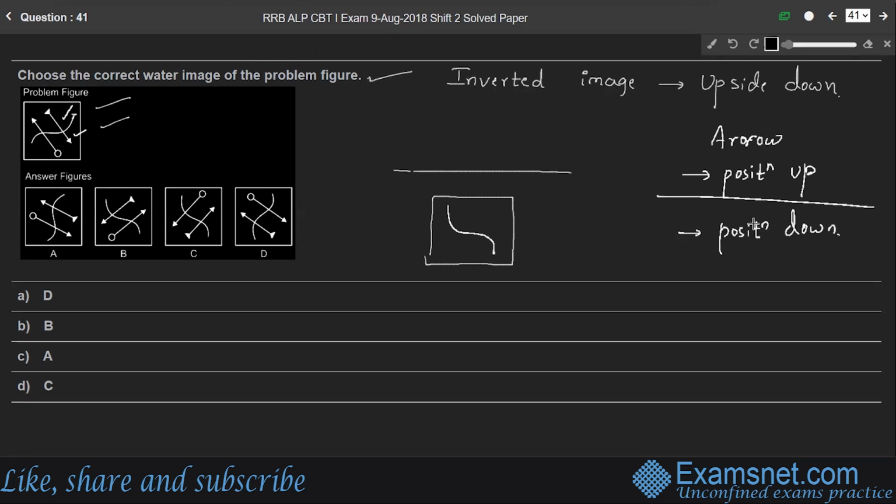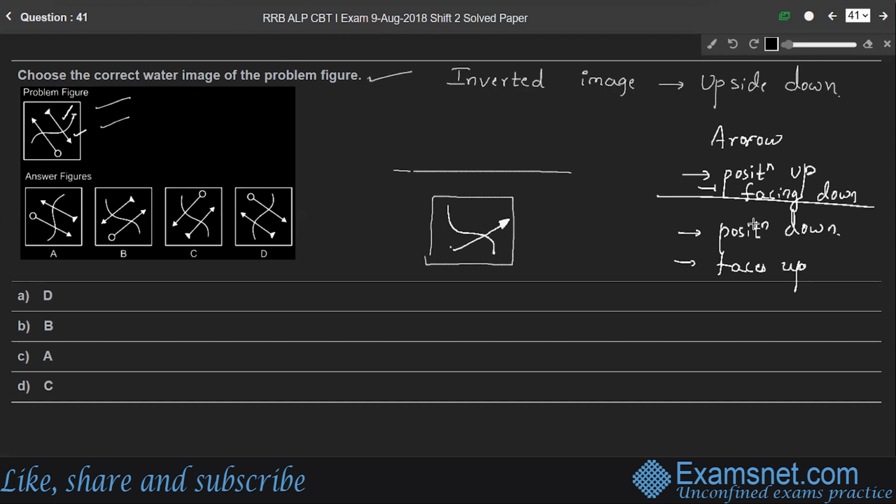It is facing down in the problem figure, so it faces up. Therefore, the position will be down and its direction will be up diagonally.